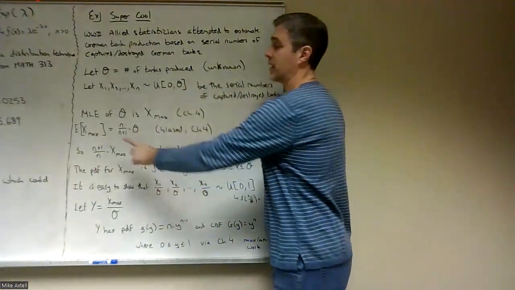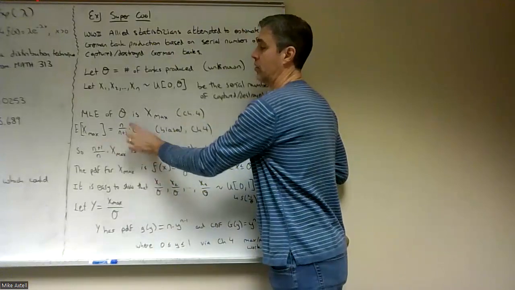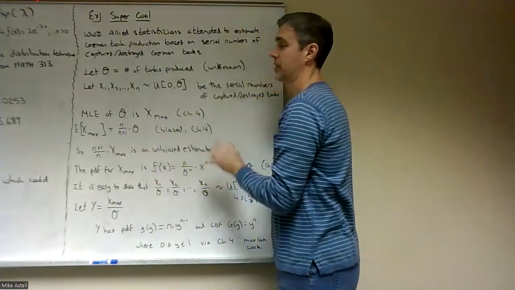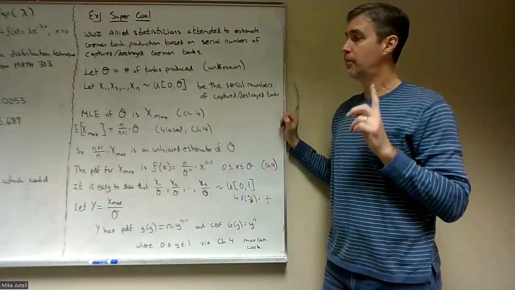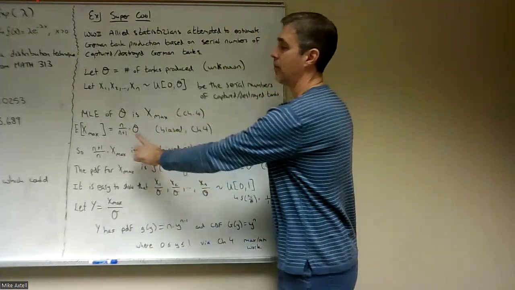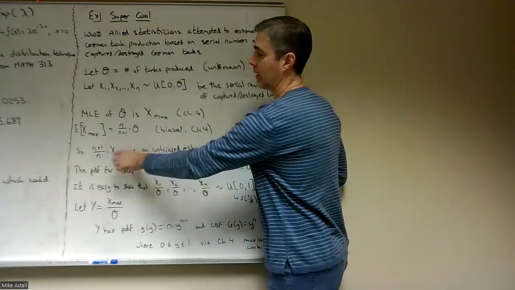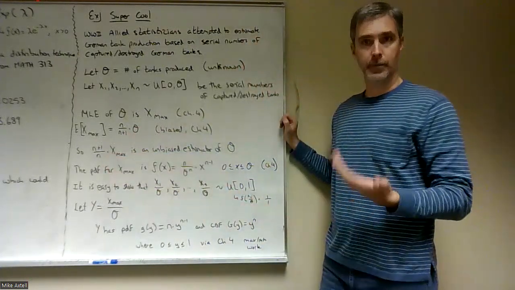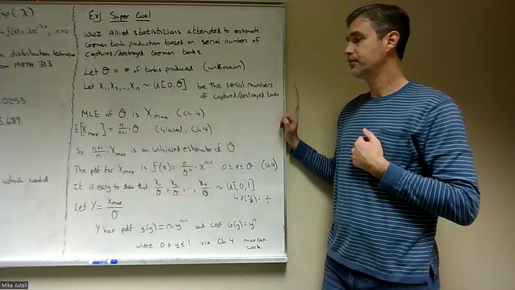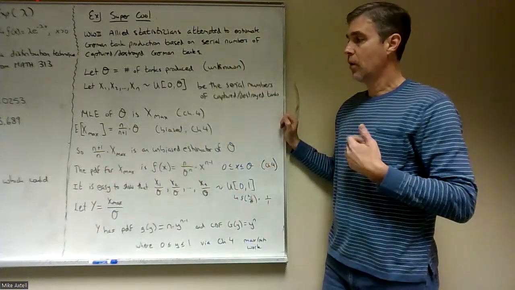In chapter 4, the expected value of x max was n over n plus 1 times theta. So that's clearly a biased estimator. But since it's simply a multiple of theta, I can take the reciprocal times x max, and that would be an unbiased estimator.